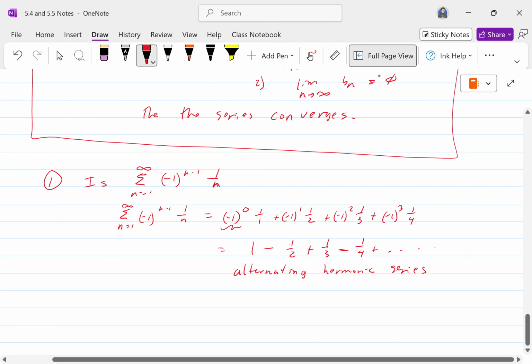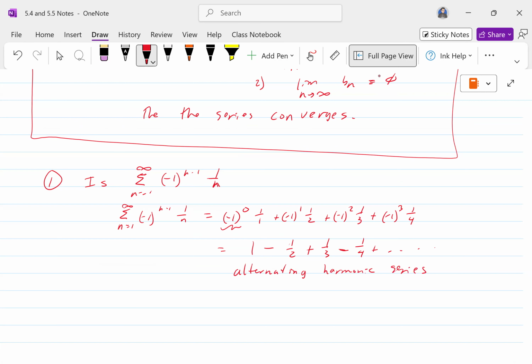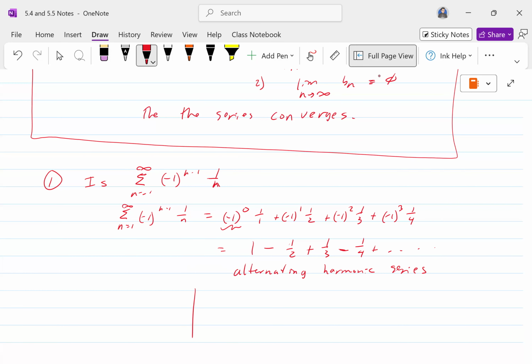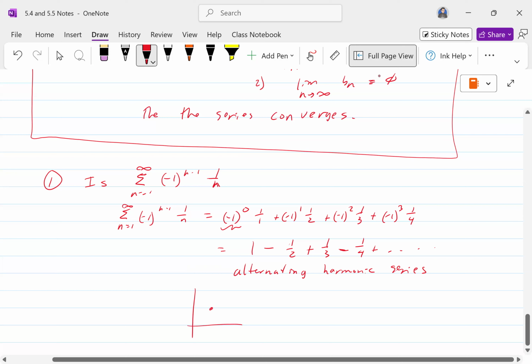This one alternates though, so we're not adding all of the terms. We're actually taking a value and then subtracting, and then adding a little bit more back, and then subtracting off a little bit more, and then it keeps going. Now this one actually does converge. If we look at the sum of these, we start off at 1, and then we immediately cut that in half and go to 1/2.